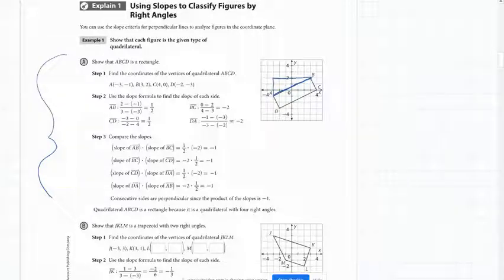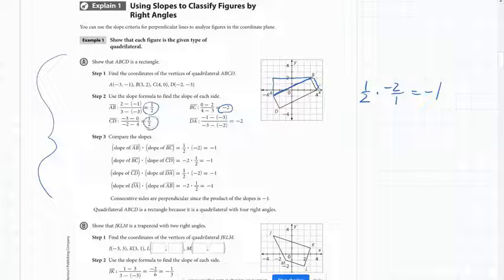And the side next to it, side BC, has a slope of -2. And so we see that those two slopes are perpendicular, because if you multiply 1/2 times -2/1, you do get -1.